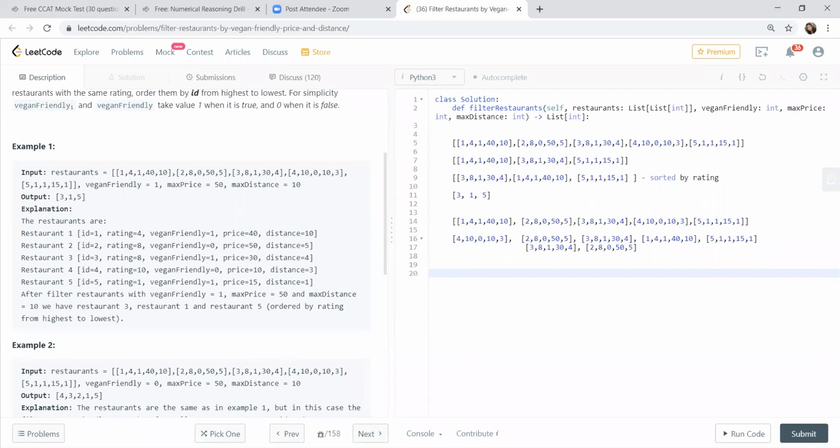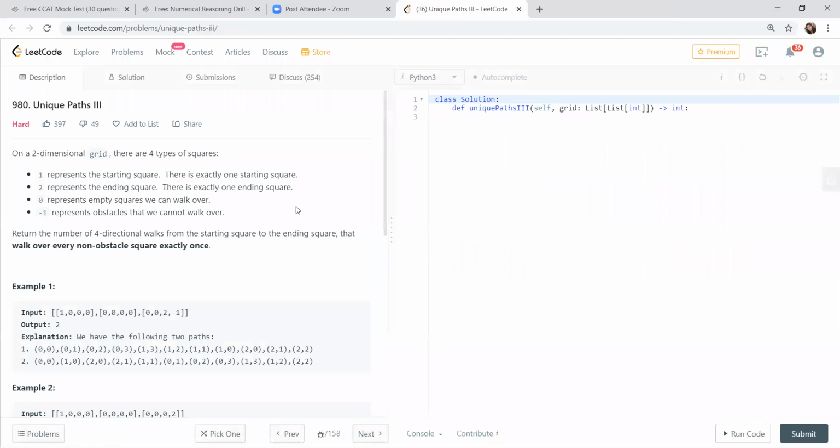Okay, so can we move to the last question? Okay, so for this particular one, this is from HackerRank, and here what we have to do, it's a two-dimensional grid where there are 4 types of squares.